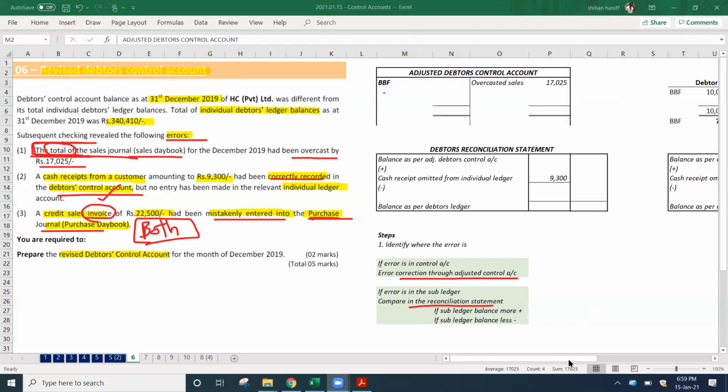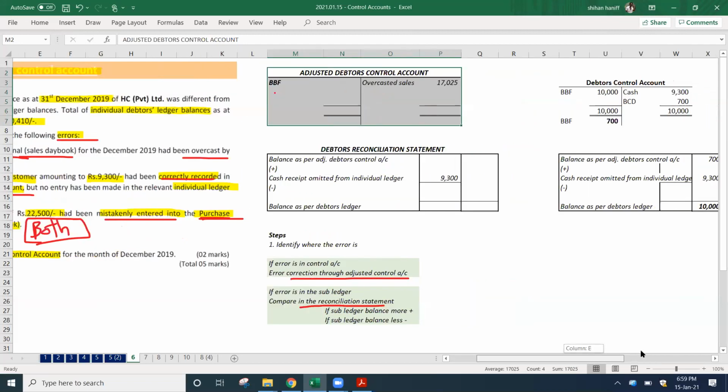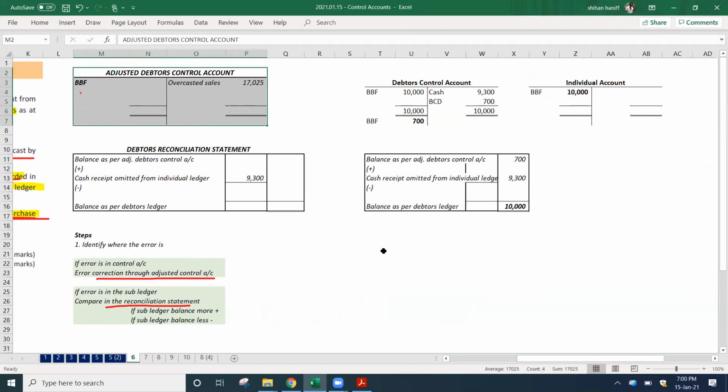Right. So this is a credit sales invoice had been mistakenly entered into purchases journal. So purchases journal also will be affected. Now here we are not preparing purchases journal. We are preparing only the debtors control account and debtors reconciliation statement.